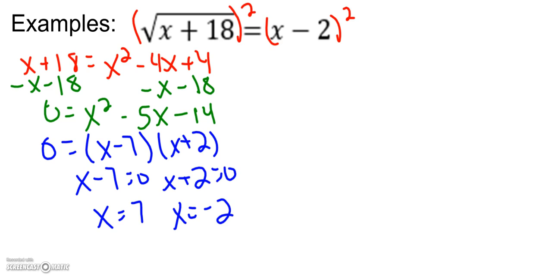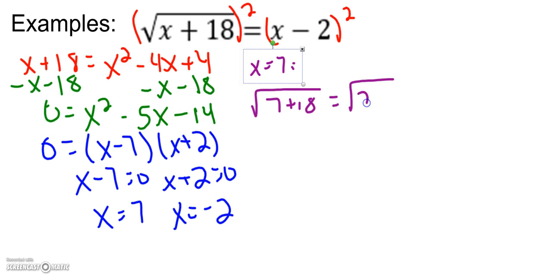Now our last step is to go back and check. So the first one to check is x equals 7. So we have the square root of 7 plus 18. That's equal to the square root of 25, which equals 5.